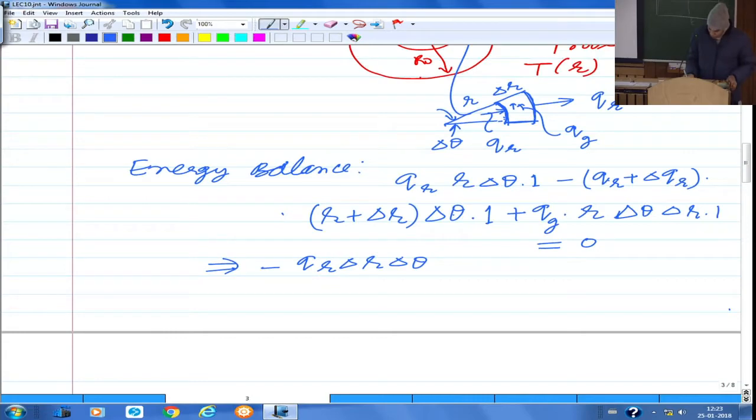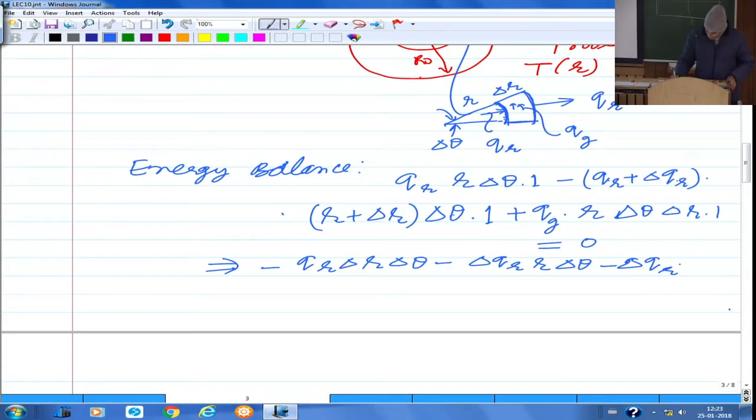That would be one term, right. So this q_r into r cancelled out, q_r into delta r into delta theta is one term, and then we have minus this delta q_r into r into delta theta would be one term, then we will have minus delta. Please just simplify this and tell me what you are getting.